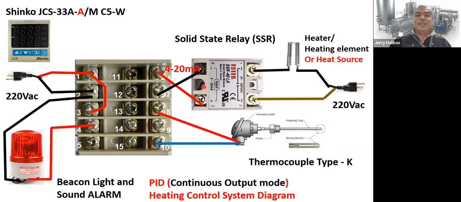Okay, so if we're going to compare with our previous diagram, no, this time the model is different compared to the previous one. Review the model in the previous docs or PDF.